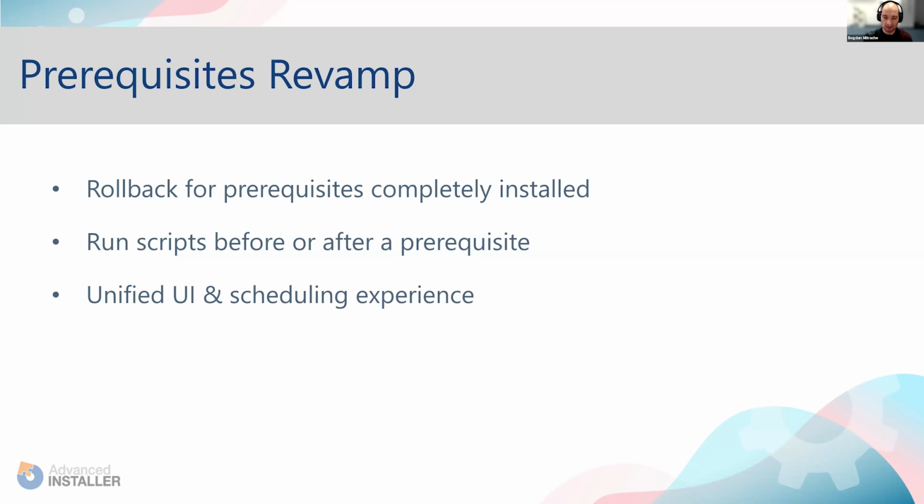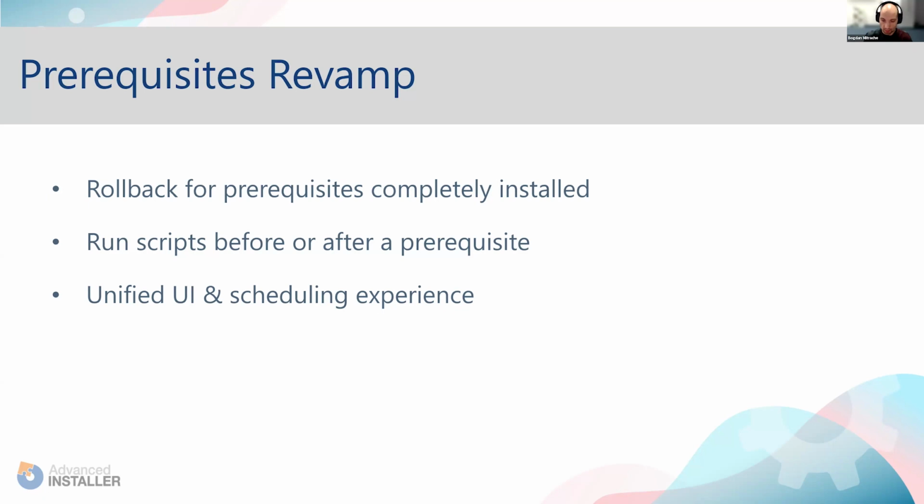It wasn't an easy decision to make, but we decided to invest a lot of resources to rewrite the core engine for prerequisite management. And this allowed us to simplify the prerequisites management inside the project file with a unified UI, to include additional features like the capability to roll back a prerequisite that has already been installed if other packages from your main setup fail, and to schedule script execution before and after each of the prerequisites from your package.